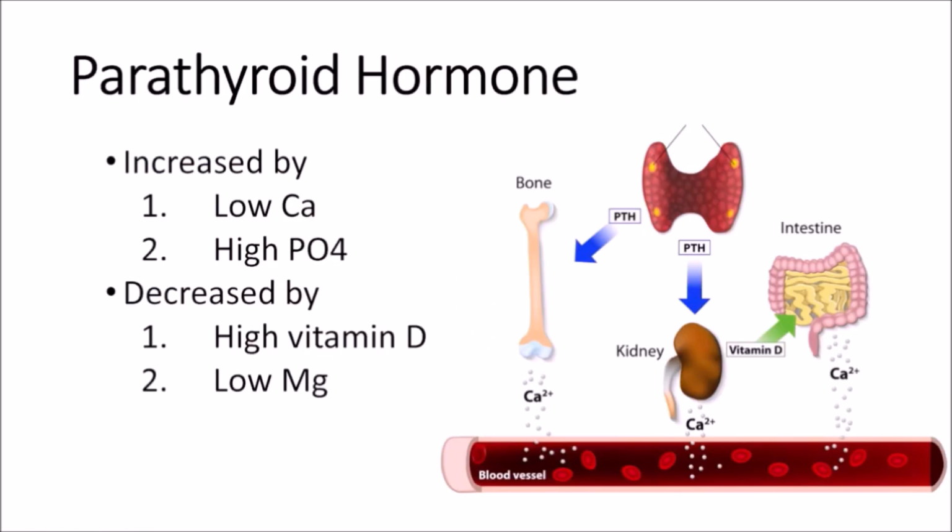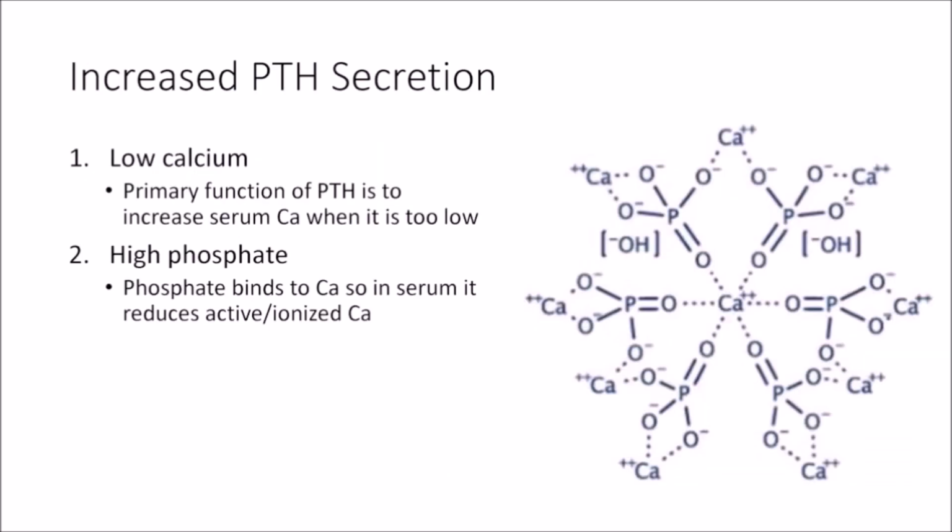Generally, parathyroid hormone is modulated by the other things we discussed. It's increased with low calcium, also increased by high phosphate, decreased by high vitamin D, and decreased when there's low magnesium. In particular, PTH is increased by low calcium because that's its primary job. If calcium is too low, and it's obviously needed in a variety of important functions, PTH helps to release the calcium from the bones into the blood so that it can be used in all those different reactions.